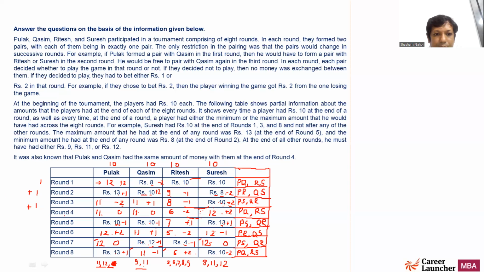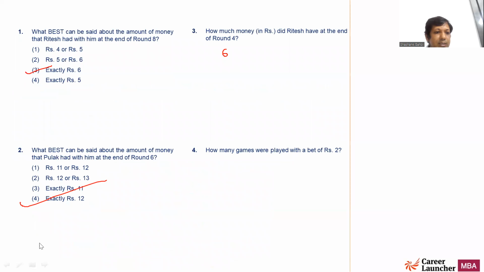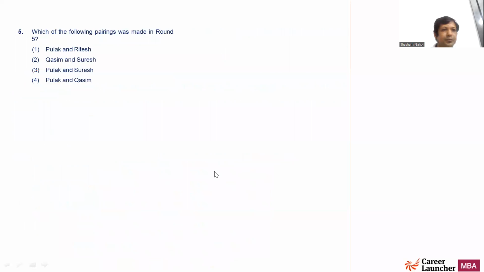In round 4, R and S had a game of 2 rupees. In round 5, there was none. In round 6, there was 1. In round 7, none. In round 8, 1. So in total, I have 6 games that have 2 rupees. So the answer of this question is going to be 6.